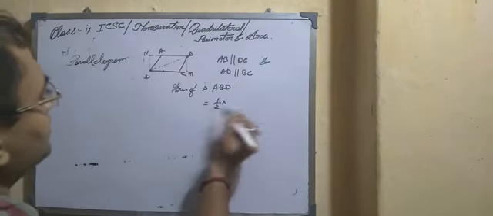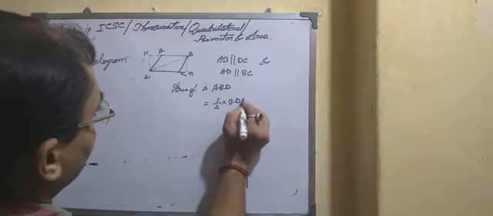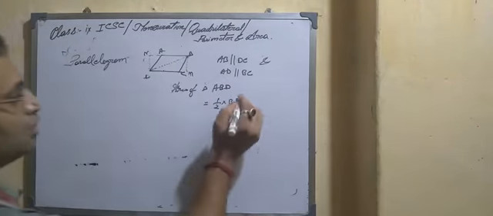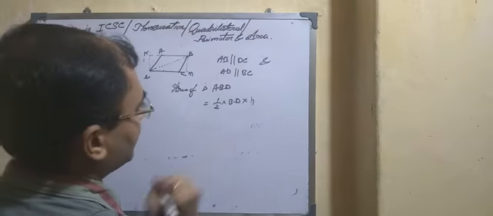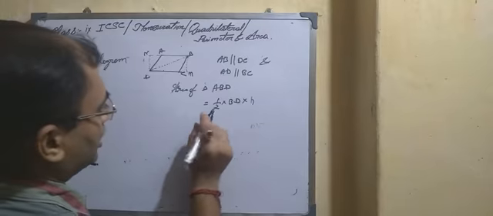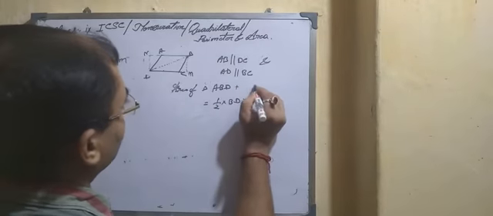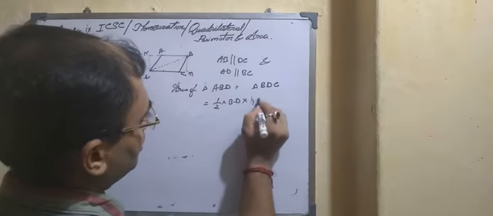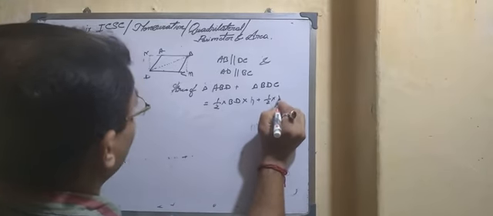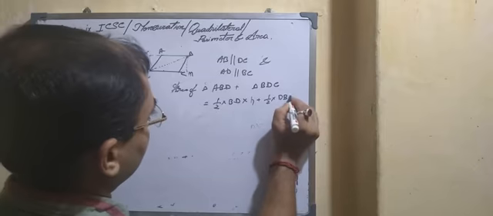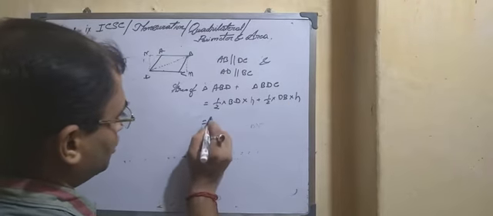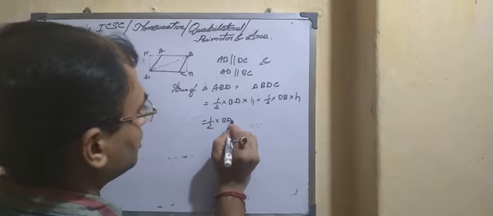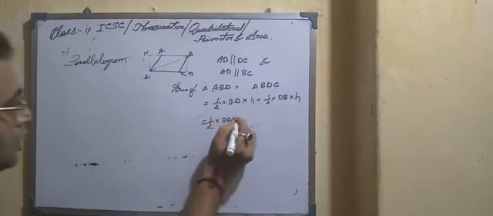Base means BD into height. Height means DN, or you can say H, and plus triangle BDC, plus half into BD into H.